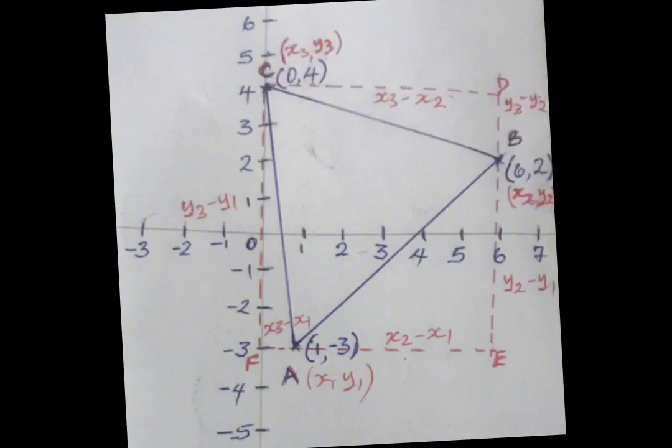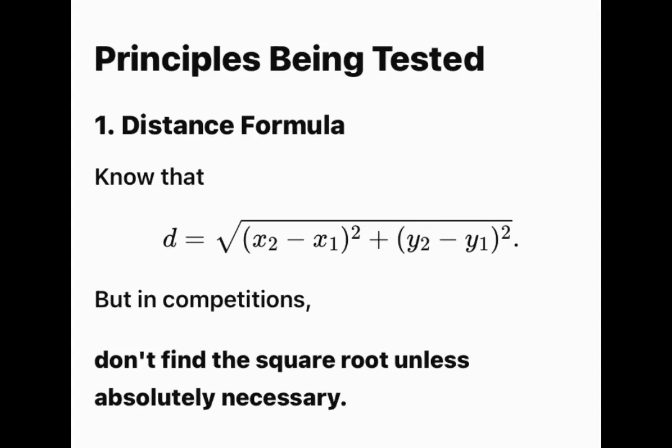The first question that comes to his mind is, what are the principles being tested? Now, the first principle tested here is the distance formula. Do you know that the distance d is equal to the square root of the difference in the x coordinates squared plus the difference in the y coordinates squared?